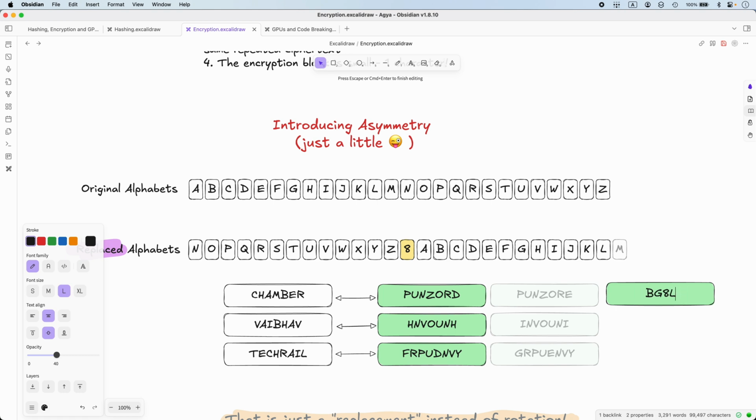Wait a minute. I think I messed up a bit. P is B. U is G. N is 8. Z is L. O is A. R is D. And D is Q.